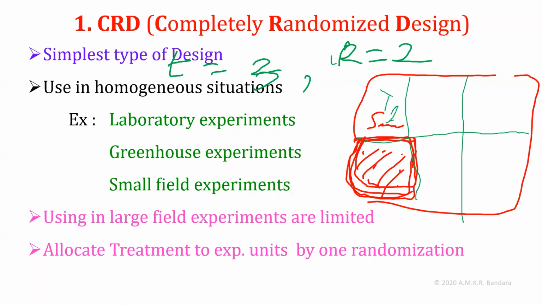Likewise, according to the order in which you are getting treatments, you have to apply to each plot of land. Then assume here also we applied T2. Here T1, T1, T3, T3. So all the three treatments we assign at the same time to all the plots.